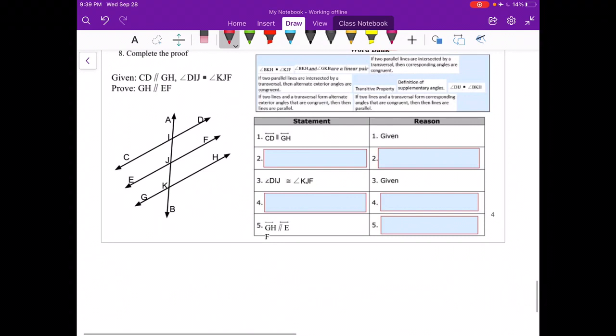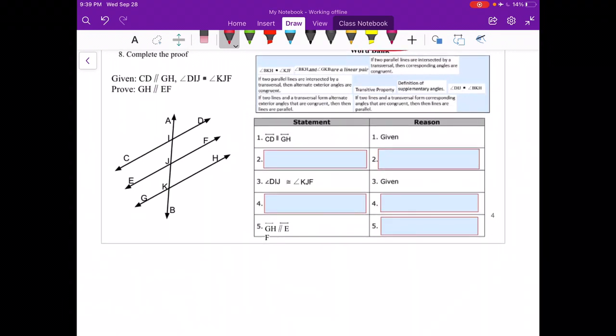Now let's move on to the final question. For question number 8, we are completing the proof and we're using the word bank that we're given above. We are given the fact that line CD is parallel to GH and that angle DIJ is congruent to angle KJF.